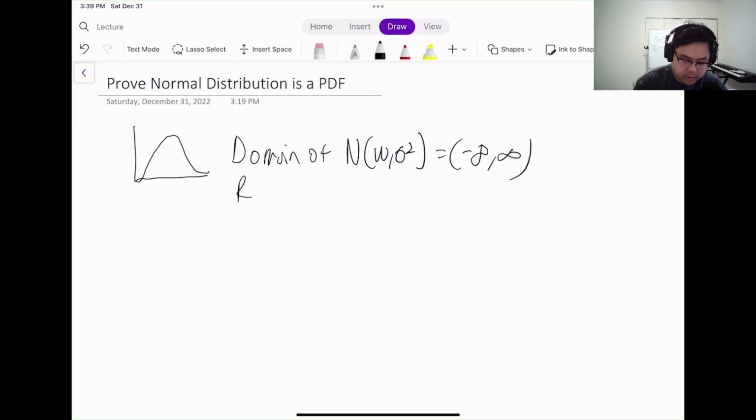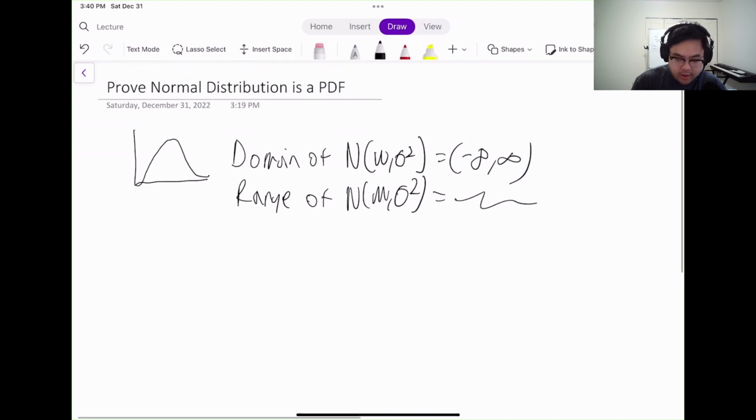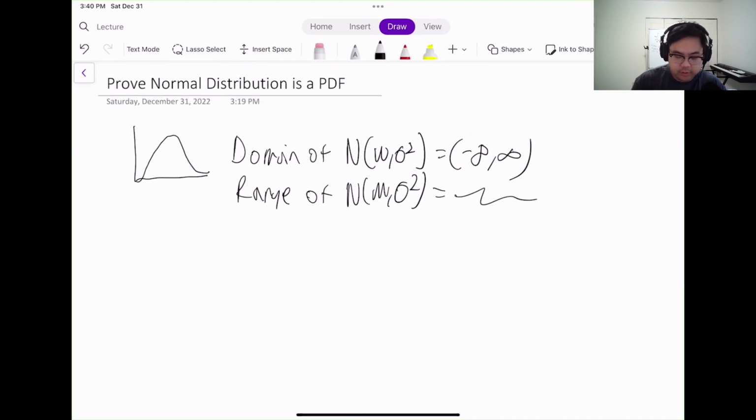The range varies between every single normal distribution curve, but it's at least zero. It's above 0, then it goes up to some point and then goes back down. So today we're going to prove that this normal distribution is a PDF.